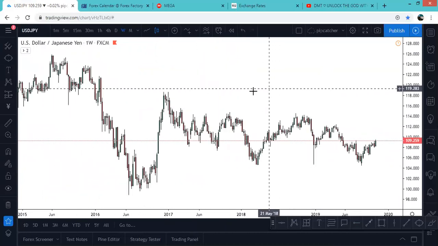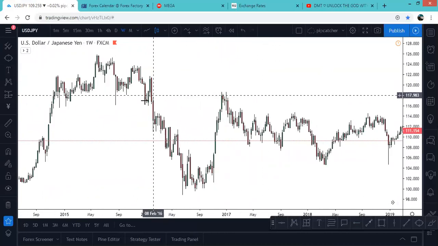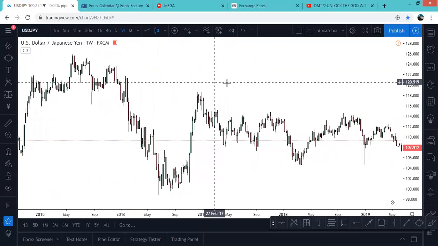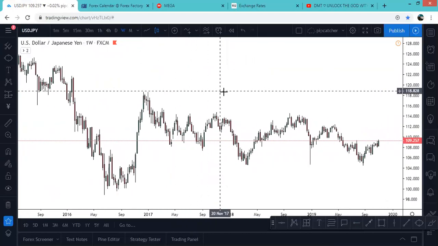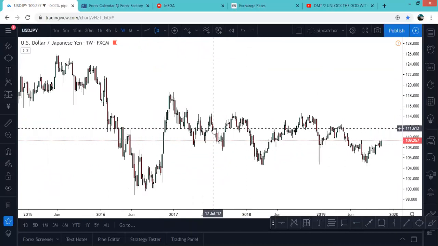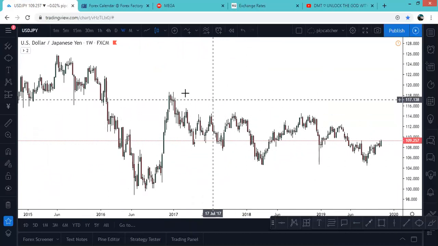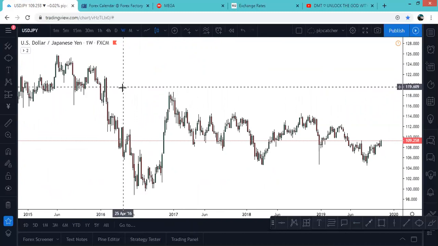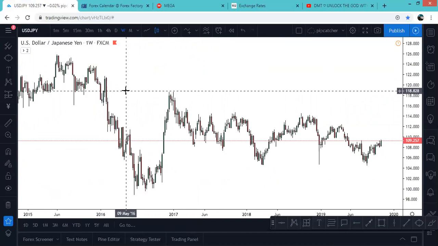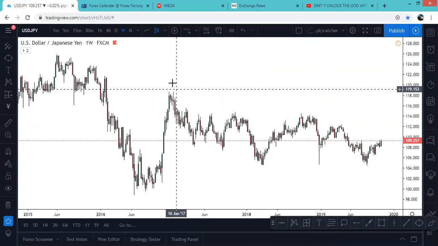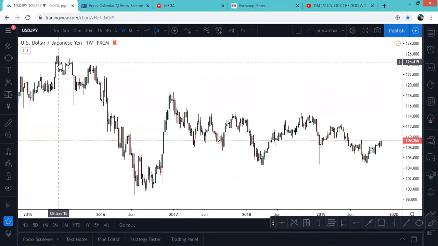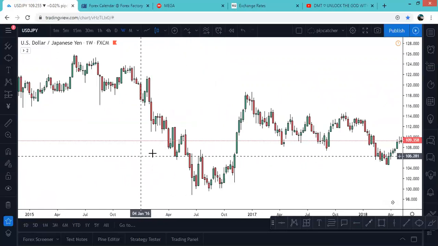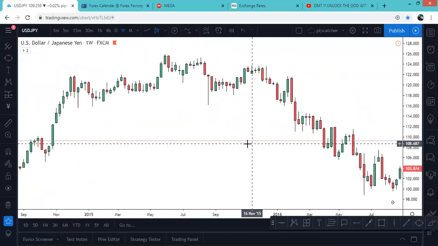Just simple setups that happen everywhere. They happen on every single time frame. And I always say if you're struggling to find your entries, or just setups in general, just engulfing type candle patterns, they're high probable setups.